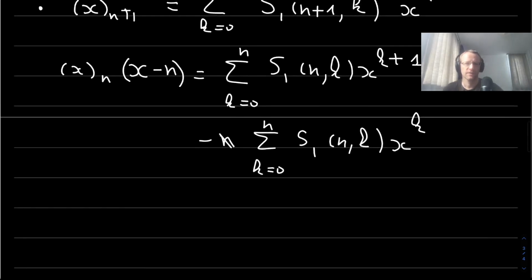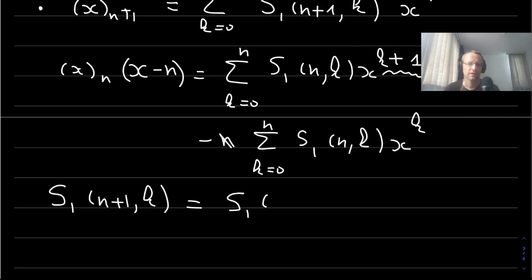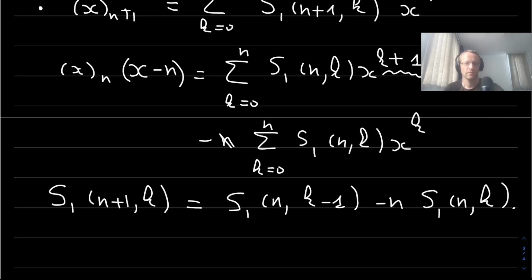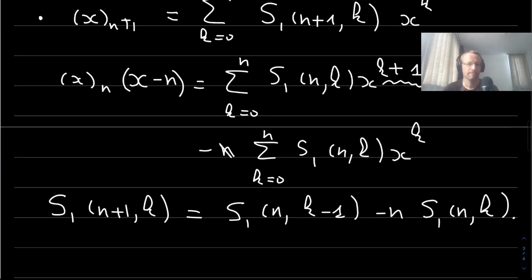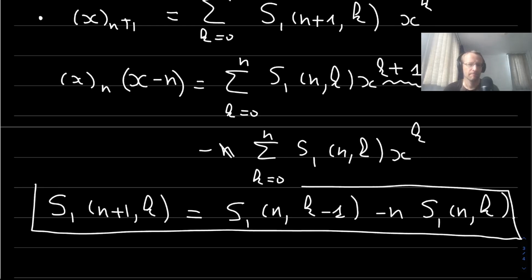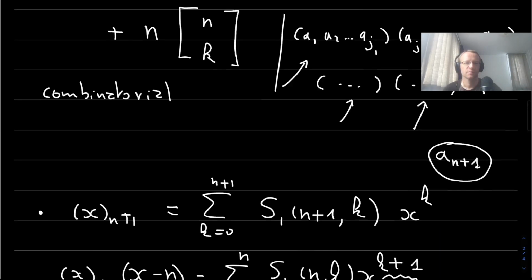So from these equations we can conclude that S(n+1,k), after shifting the k variable by minus 1, we find that this is also satisfying the same recursion relation, where the sign has to be adjusted.